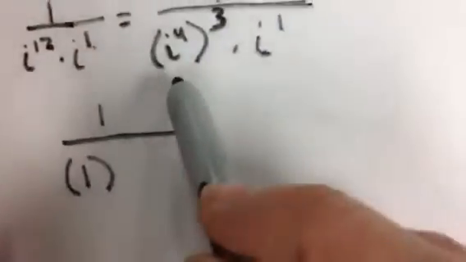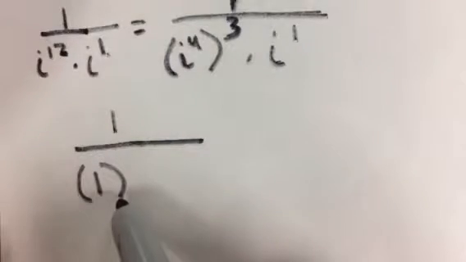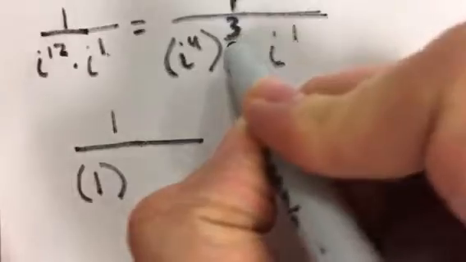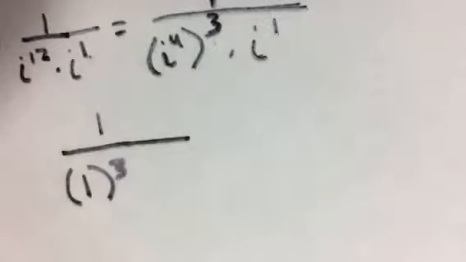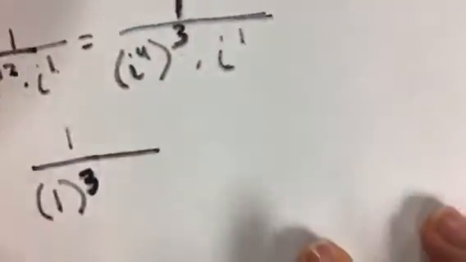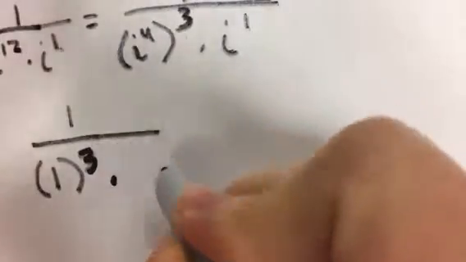So here, i to the fourth is going to be 1, and that's 1 to the third power. It's going to be 1 over 1 to the third power times i to the first.